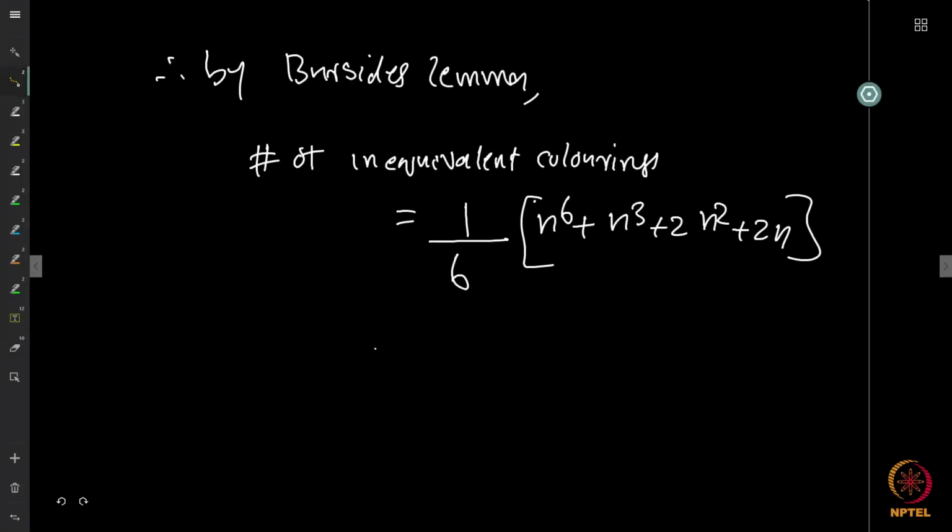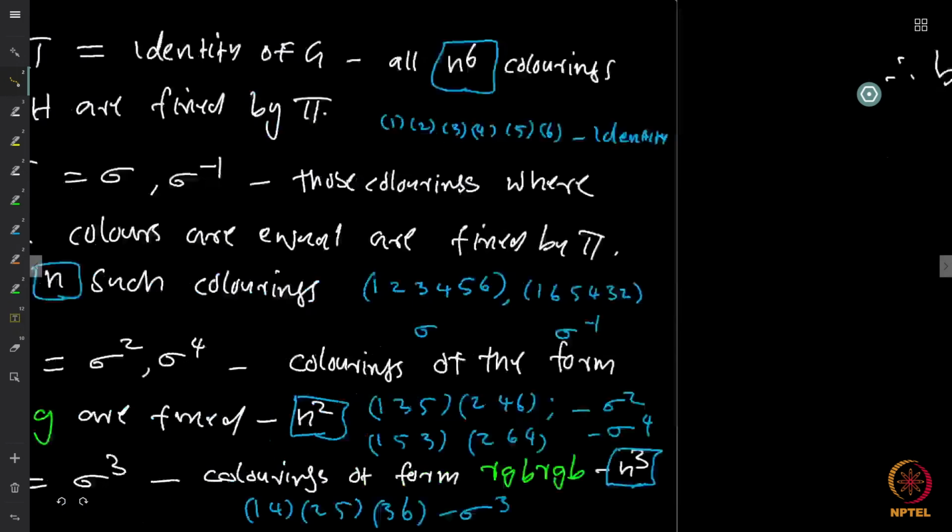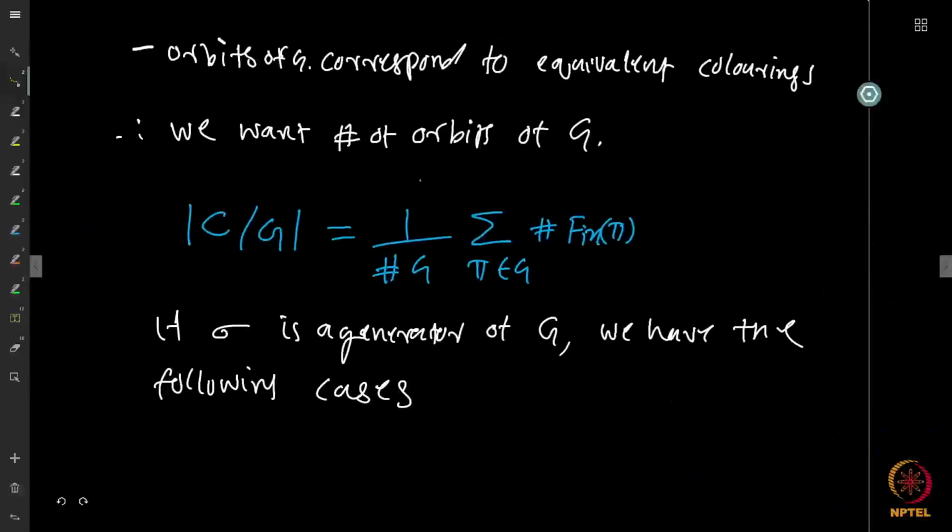So this is the number of inequivalent colorings. So if we are using exactly n colors, we get this. If I am using only one color, what will you get? 1 plus 1 plus 2 plus 2 by 6, which is 1. And for 2, you will see whatever it is.